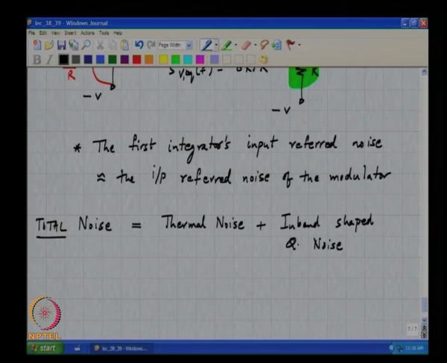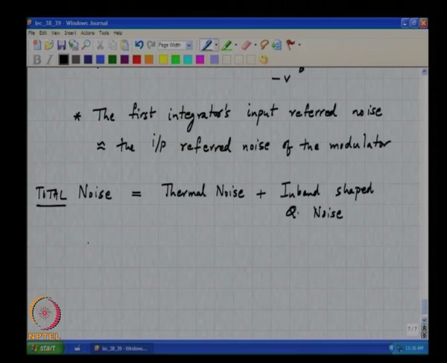All right. So, the peak SNR of the modulator is therefore the maximum stable amplitude MSA whole square by 2, and why is this whole square by 2?